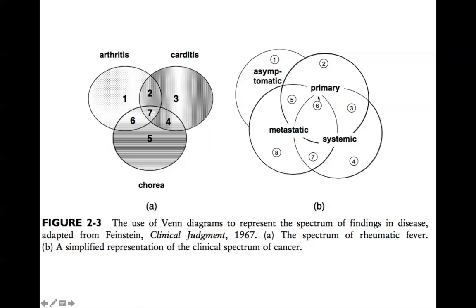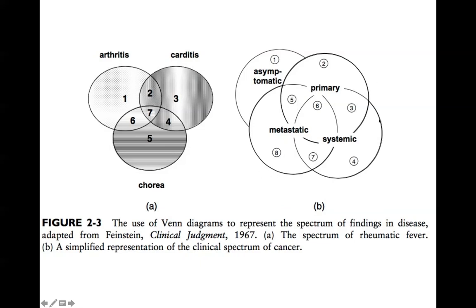This is another example. When we talk about the spectrum of clinical cancer, we can categorize them into primary, systemic, metastatic, and asymptomatic tumor.